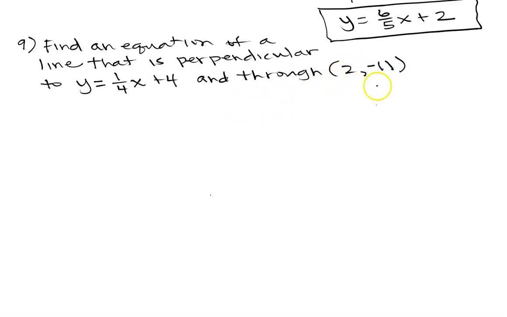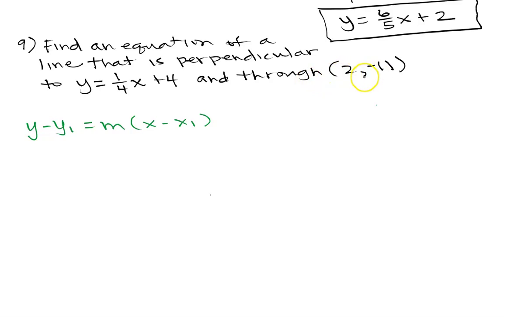Okay. So again, if I'm trying to use that formula, the point-slope formula, right? We've got y minus y1 equals m times x minus x1.